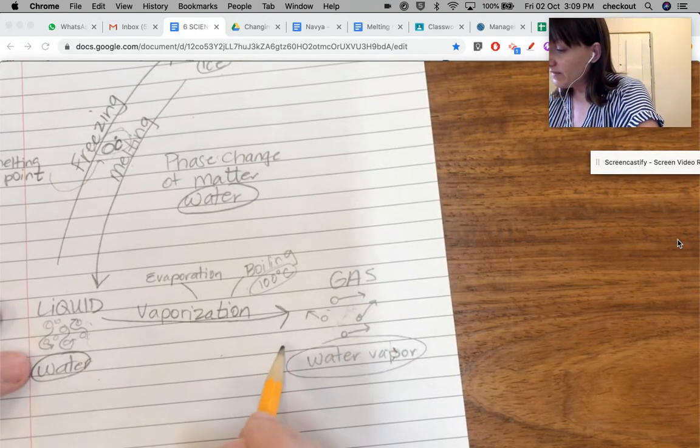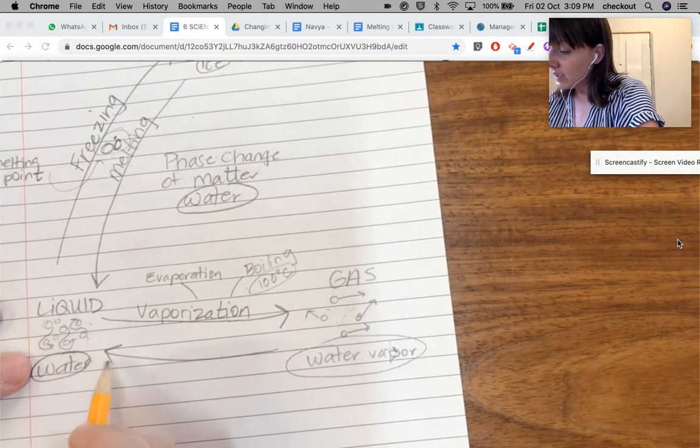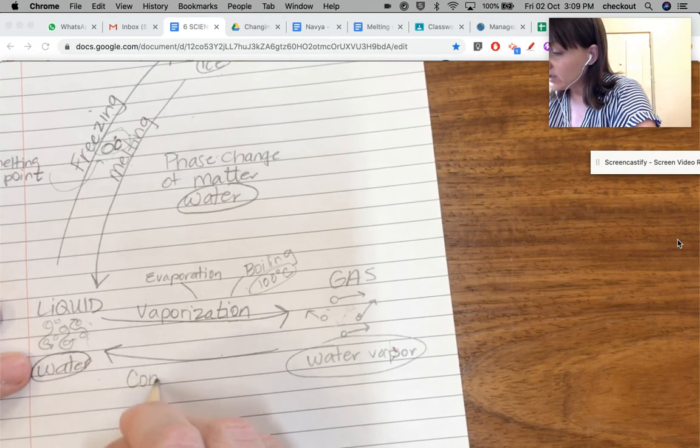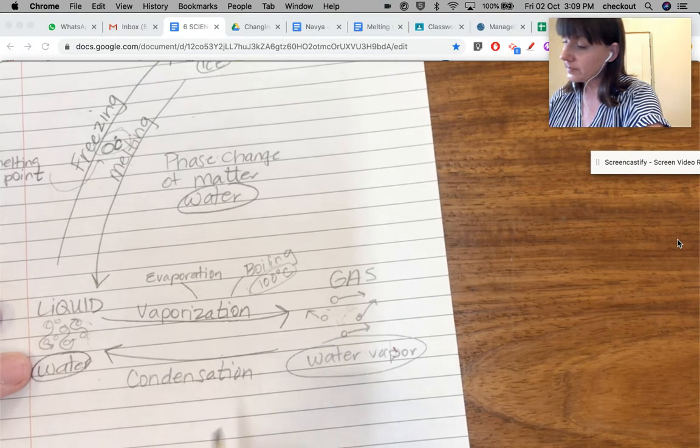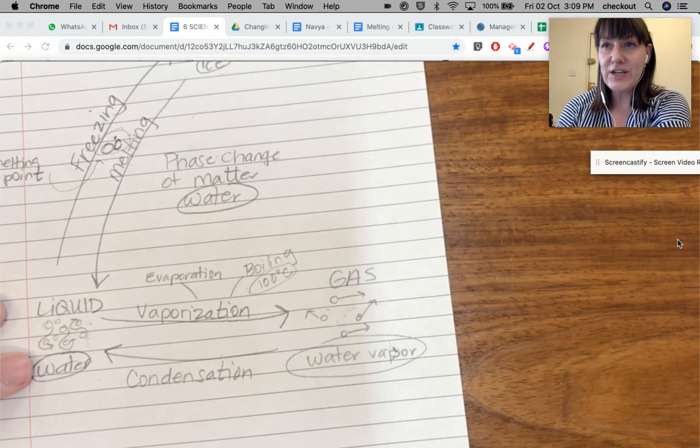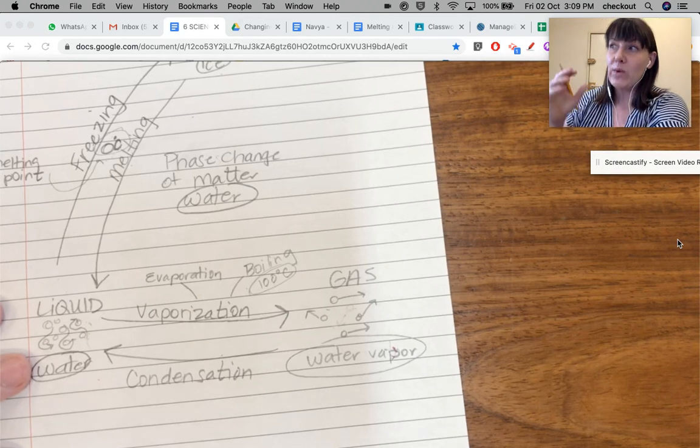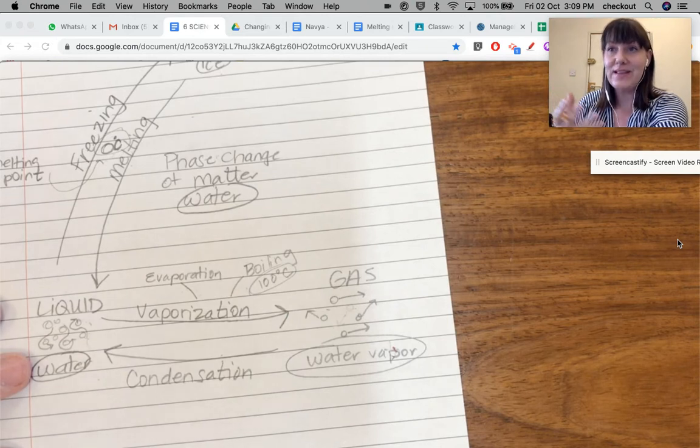The opposite of vaporization is called condensation. Condensation. If you've experienced condensation on the outside of a cold soda can, the soda can isn't leaking water magically. Right now in your room, when you're breathing, one of the gases that you're breathing is water vapor.